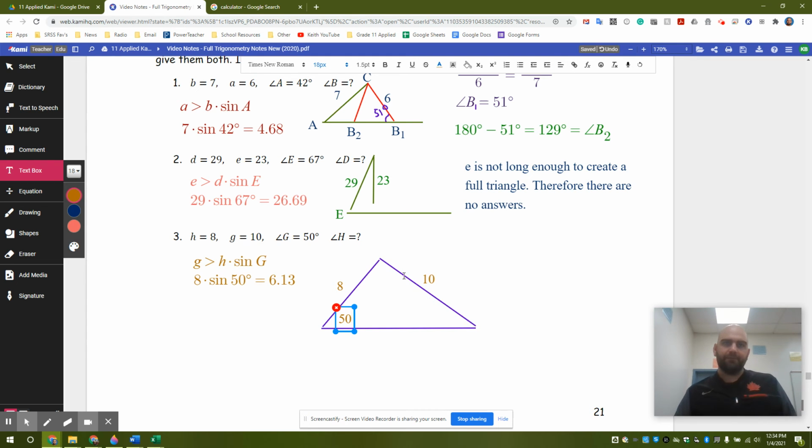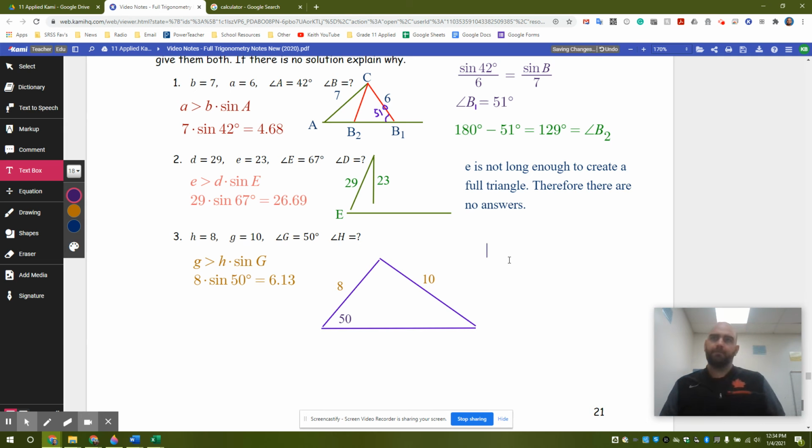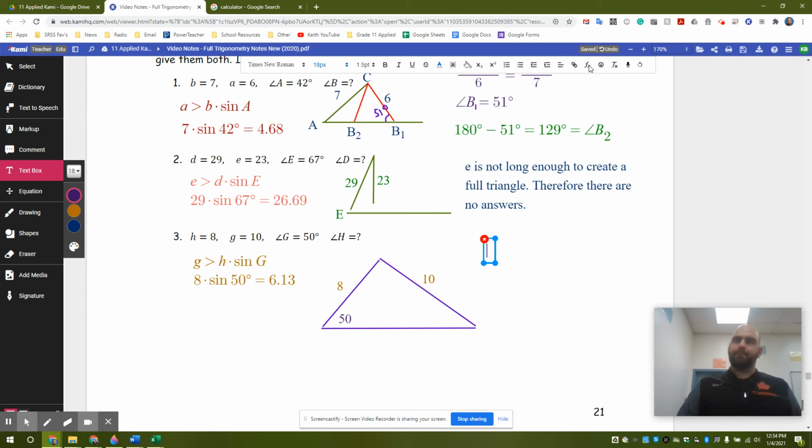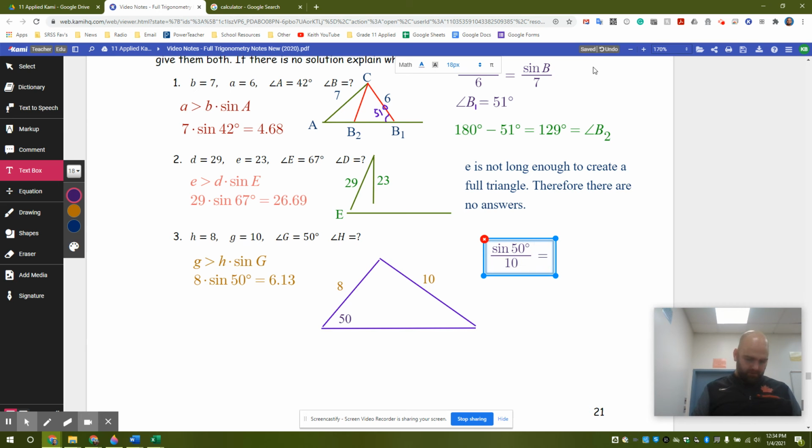We can definitely do that. So we're going to solve for that angle using sine law. Sine 50 degrees over 10 is equal to sine h over 8.